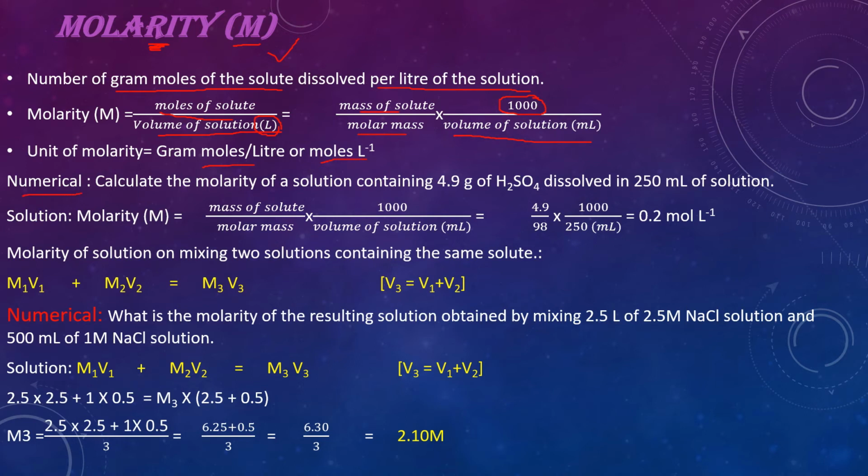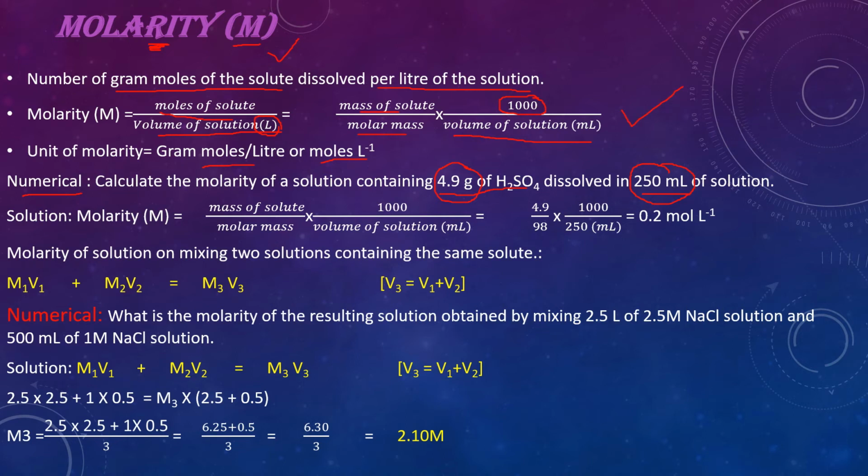Now I am taking one numerical. Calculate the molarity of a solution containing 4.9 gram of H2SO4 dissolved in 250 ml of solution. Now here the mass of solute is given in grams and the volume of solution is given in ml. So which formula will we apply? This one.